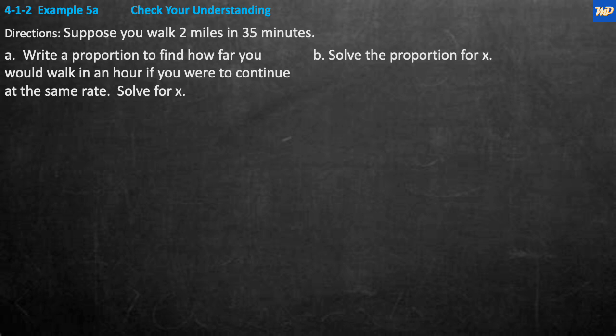You can use an x for your variable. Once you write the proportion, solve it for x. So you're going to get a proportion with an x variable, and then you're going to solve for that x variable. The first one, A, is just to write the equation, the proportion that we're going to deal with. I'll give you some time and then we'll move on.